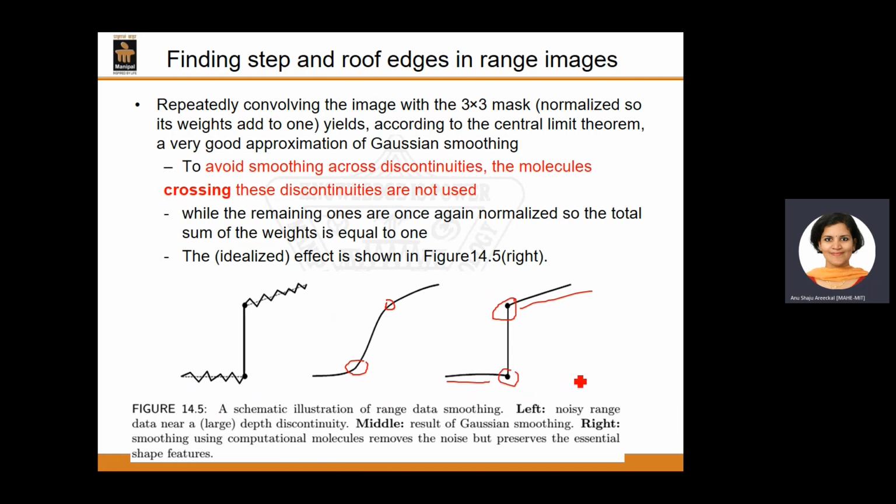So here we are trying to find the step and roof edges in range data, and the normal procedure of finding edges doesn't work here because we are dealing with range data, right? The edges are first defined using the step model and the roof model, and what we saw is that if we use Gaussian smoothing, it blurs out the edges or discontinuities, so the edges are not preserved.